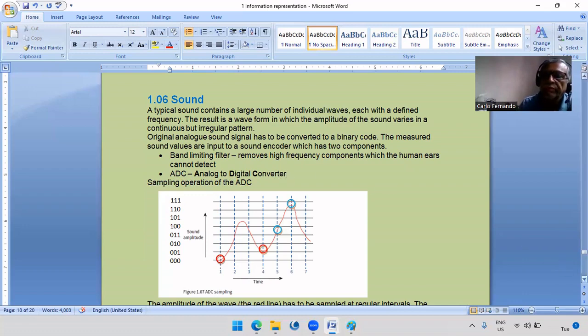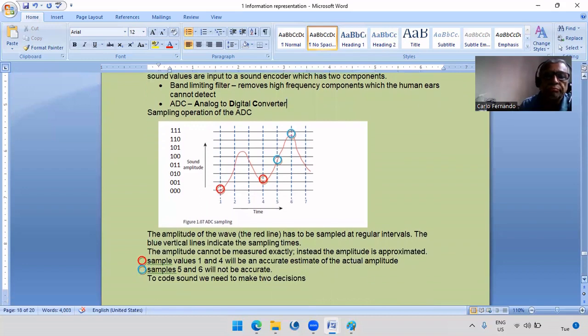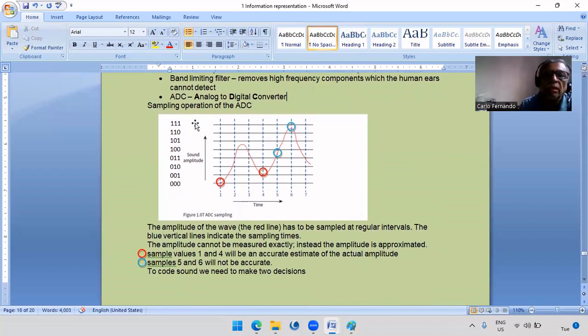In control systems, you will learn about sensors which produce analog signals, and they have to be converted using an ADC so that the processor can process them. Let's look at how this is happening. Sampling operation of the ADC.